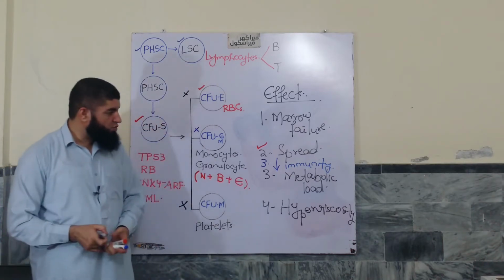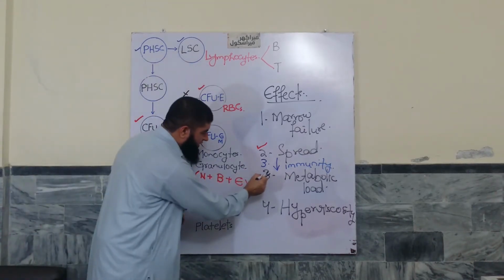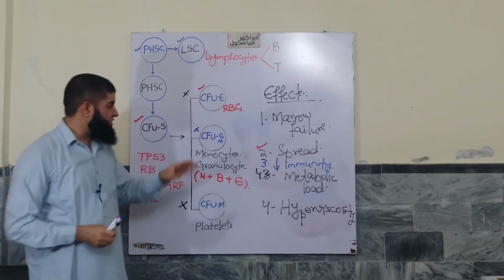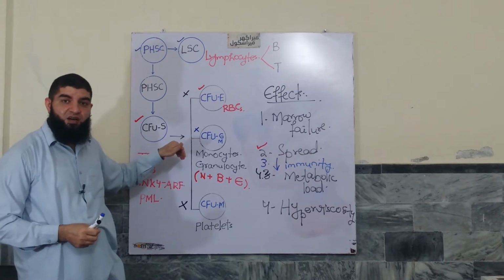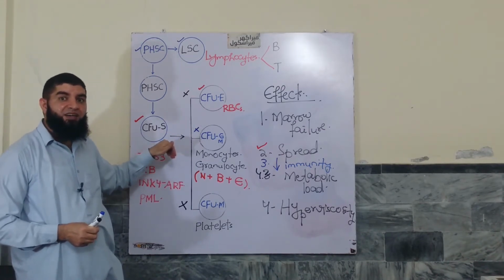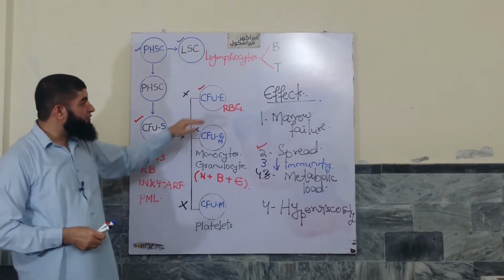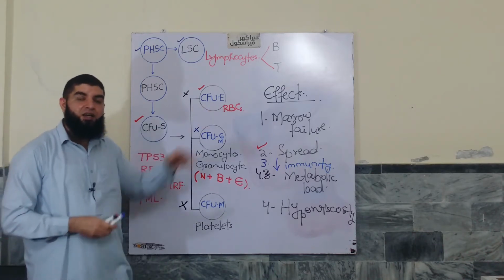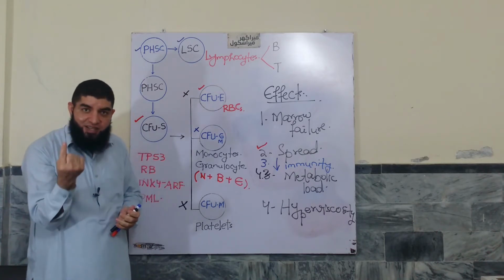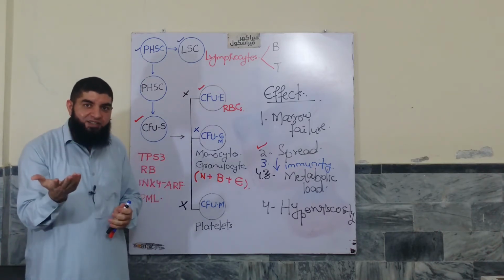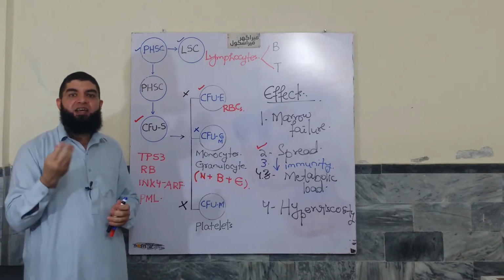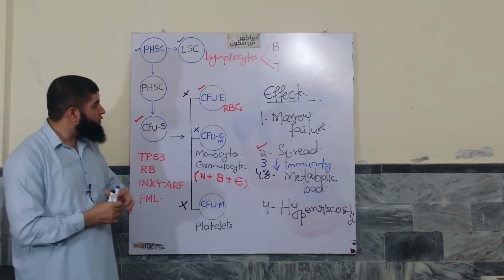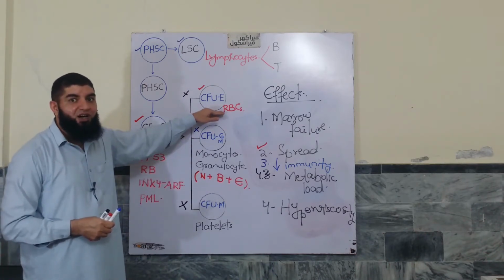The next one is the metabolic load they impose on the body. During normal hematopoiesis, we are not talking about leukemia now, we need to provide continuous nutritional support. For example, in case of RBCs, we have to offer a continuous supply of iron, since it is an essential component, amino acids and other hematinics like folic acid, vitamin B12, vitamin B6, etc., to be able to produce good RBCs.